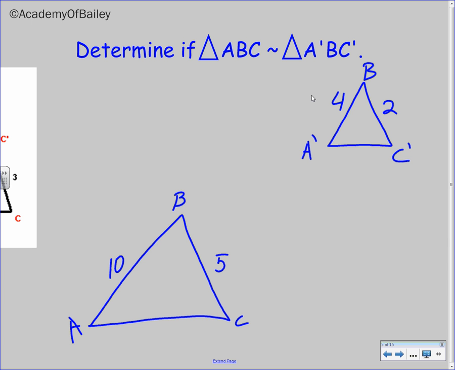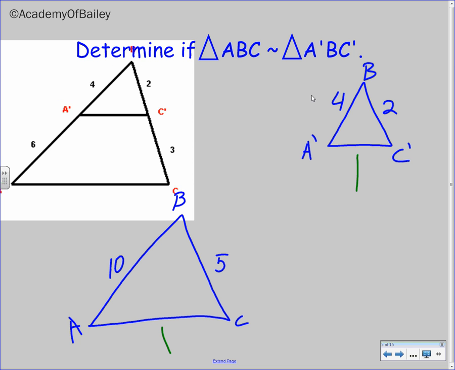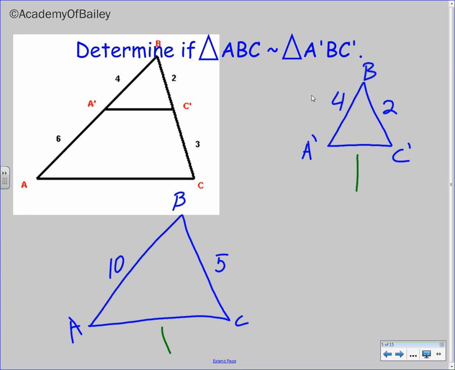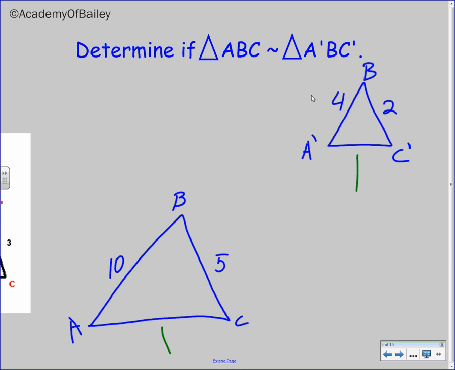Well, you see AC down here, and you also see A prime, C prime here. Don't get those confused. Remember, those are different segments. I know some of you are thinking reflexive property, but they're not the same in the original picture.